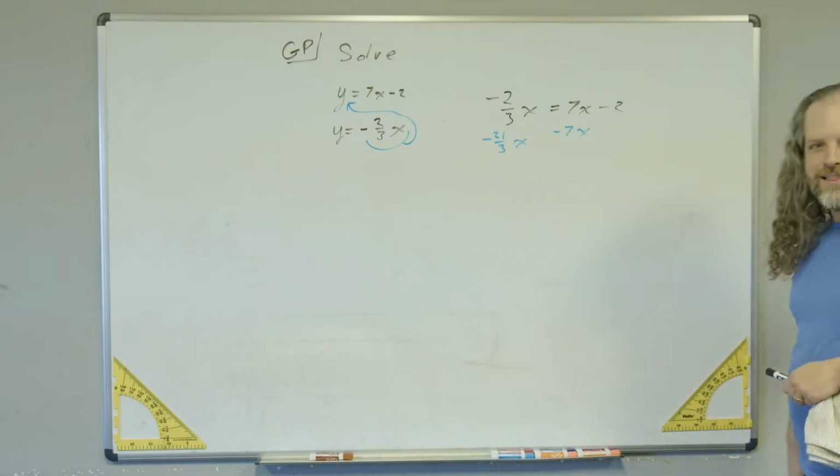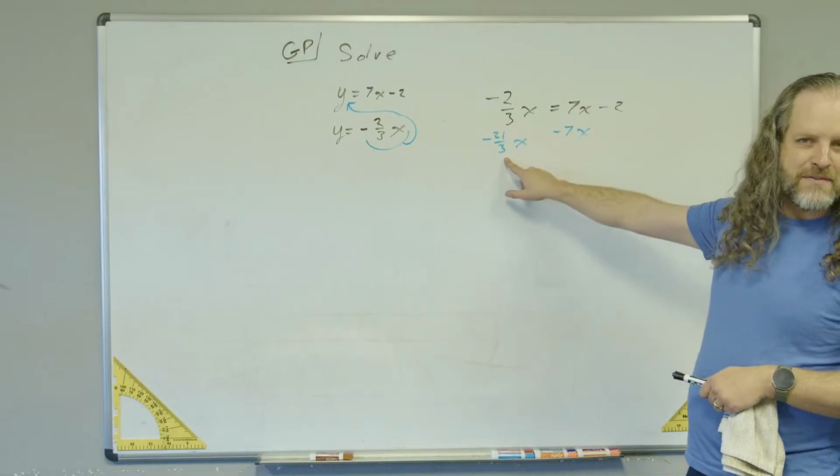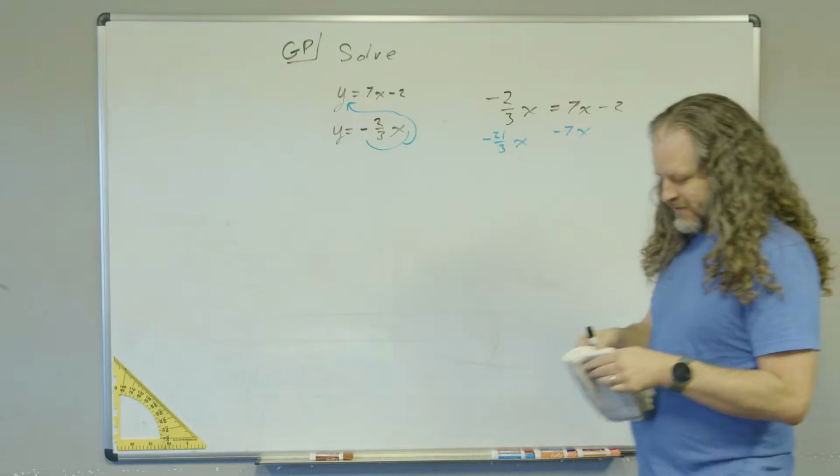Why did I write it that way? Negative 21 thirds equals negative 7, right? Because now I can do it in my brain. Ready? Okay, you keep going about your business. You're going to use your calculator and not do it that way.